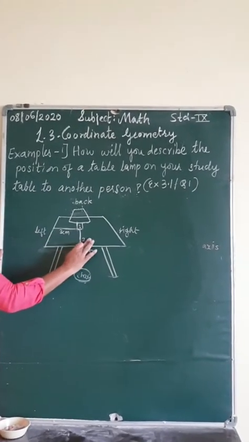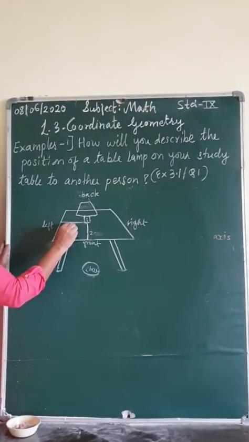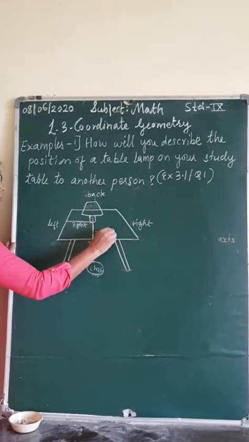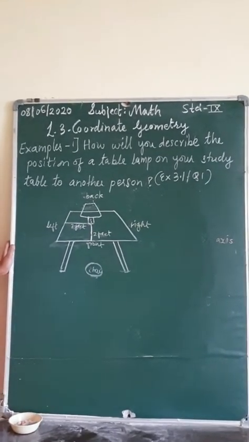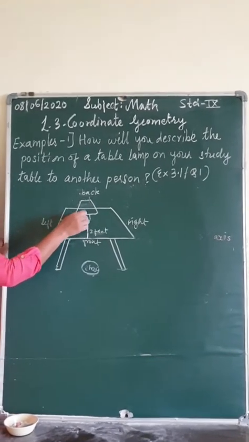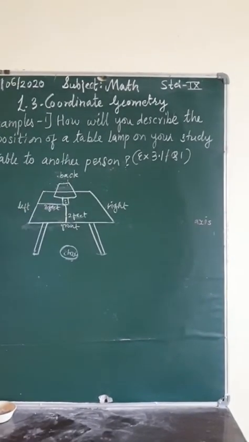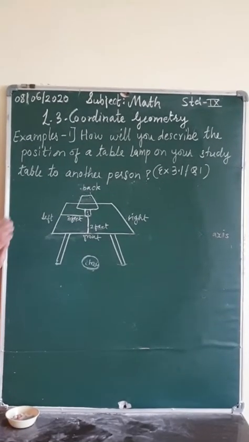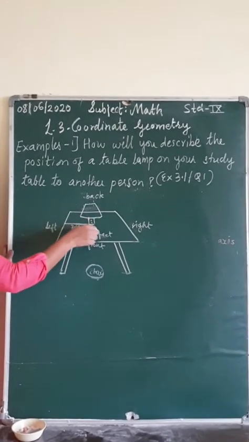It's not centimeter, we can say 2 feet and 3 feet. Then this is the position of the table lamp on the table.